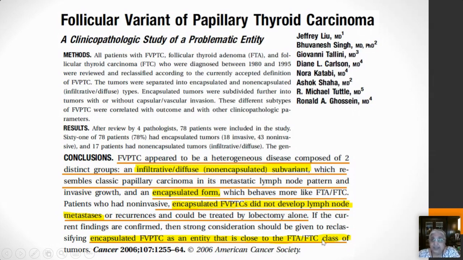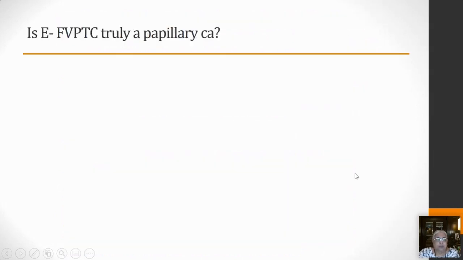In other words, these tumors did not behave like papillary thyroid carcinomas, although they had the nuclear features of papillary thyroid carcinomas. If they were encapsulated, they behaved like follicular thyroid tumors, the ones that were not papillary.